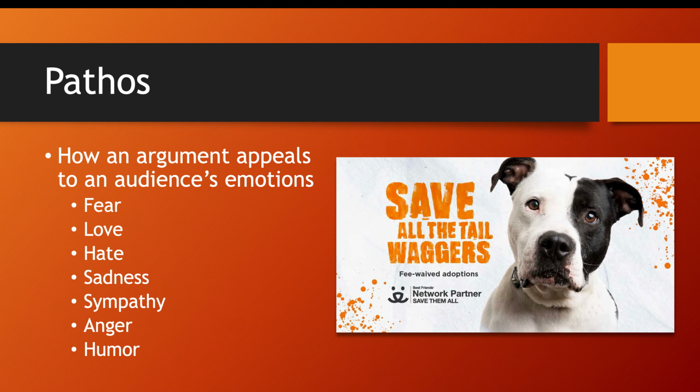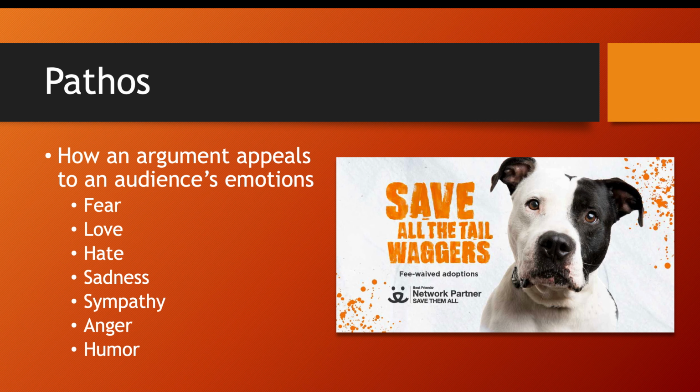Okay, so pathos, particularly. You can see the very, very sad dog advertisement there on your right. Save all the tail waggers, right? You can see from that, it's really based on emotion. It's when an argument tries to get the audience to feel something so they will do X, Y, or Z or believe X, Y, or Z, whether it be spending money, adopting dogs, saving the rainforest, you name it.